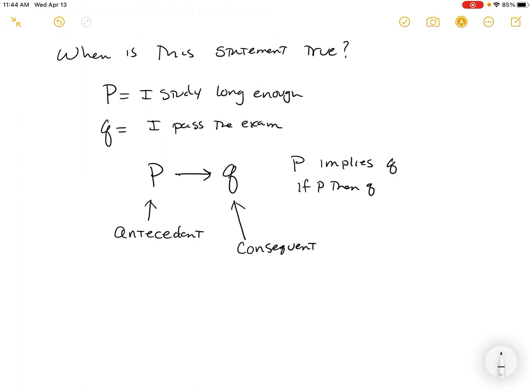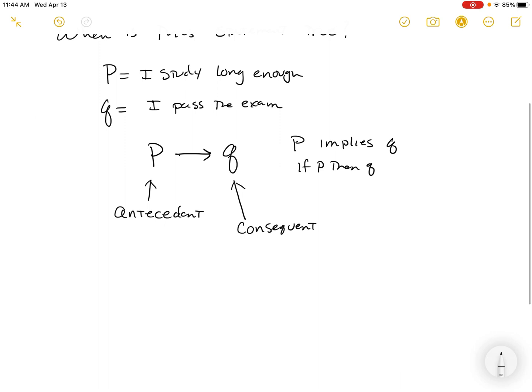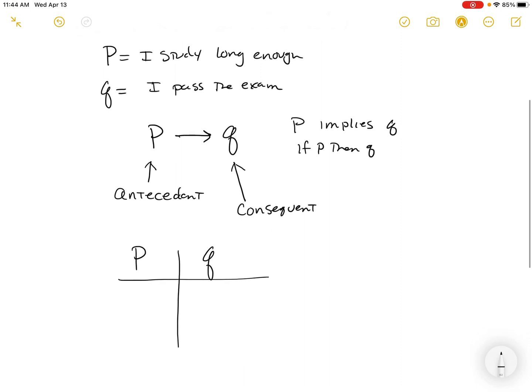So P is the antecedent, Q is the consequent. And so let's just start establishing the truth table. So P and Q are going to be here. And so again, this is, if I study long enough, I will pass the exam. So if P is true, Q could be true, P could be true and Q could be false, P could be false and Q could be true, and P could be false and Q could be false.